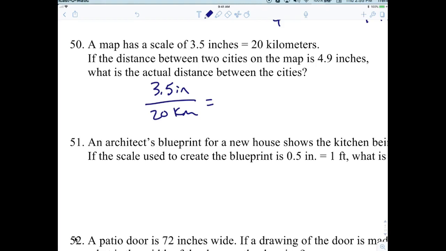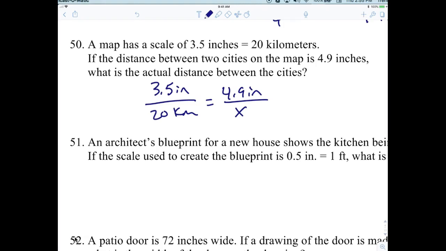On the top, because inches go on the top with inches. So we say 4.9 inches over x. Now, what do we do? Cross multiply and divide. Boom, you guys should be able to just cross multiply and divide. Somebody said 28. I'm not sure if I believe him.